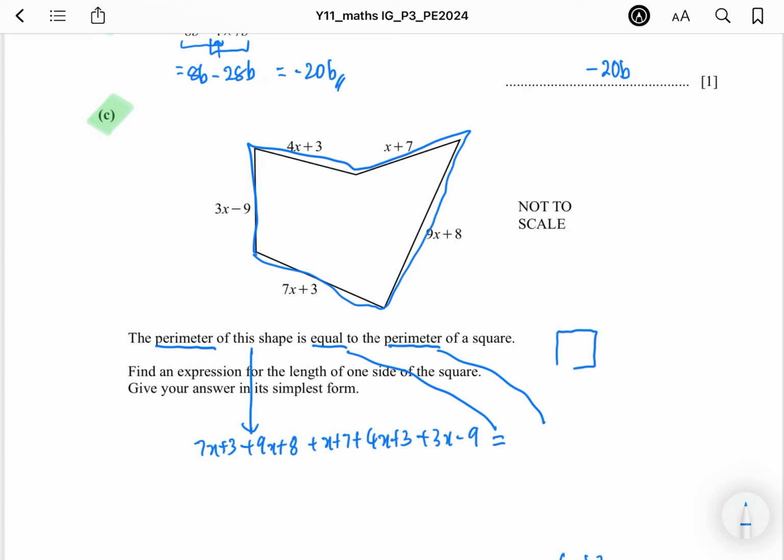So if we draw a square with side S, the perimeter would be S plus S plus S plus S, because a square has 4 equal sides.